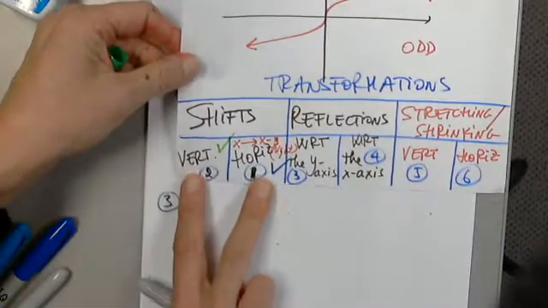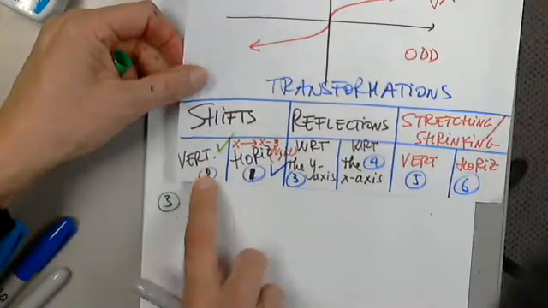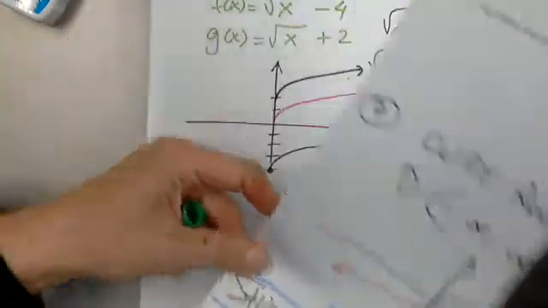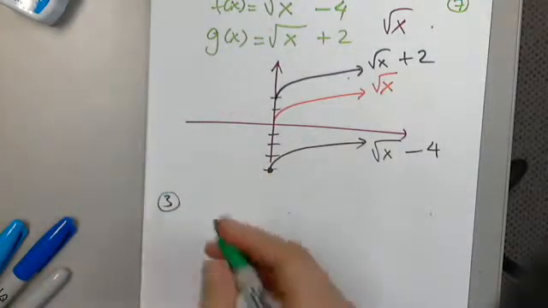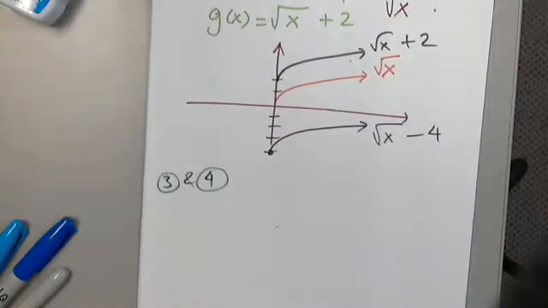Okay, let's look at the next problem. So we understand these two. Horizontal is a change in x, vertical is a change in y. So we're talking about these two, and 3 and 4 go together. Ready?